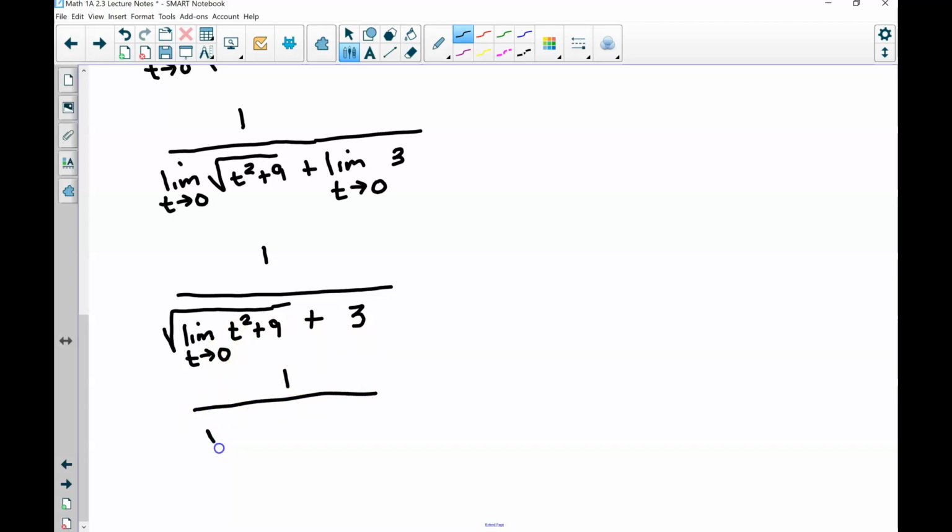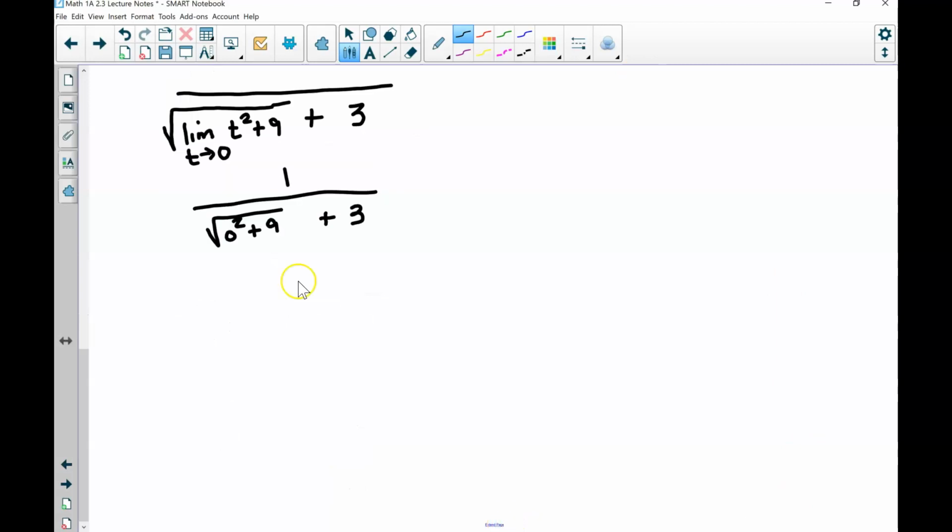So we now have the square root of 0 squared plus 9 plus 3, which ultimately gives us the square root of 9 plus 3 in the denominator, which is 1 over 3 plus 3, which gives us the result of 1 over 6.